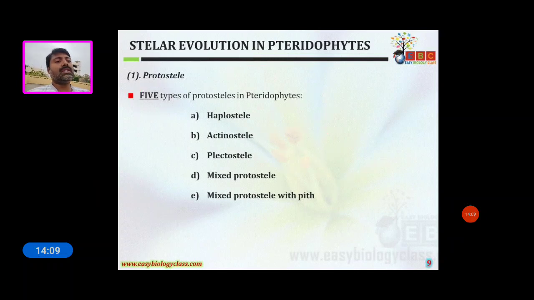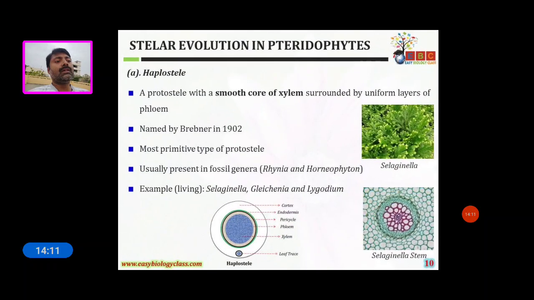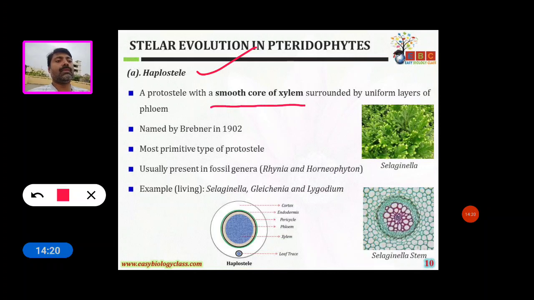Now let's see each one. The first one is the haplostele. Haplostele means a protostele with a smooth core of xylem surrounded by a uniform layer of phloem.